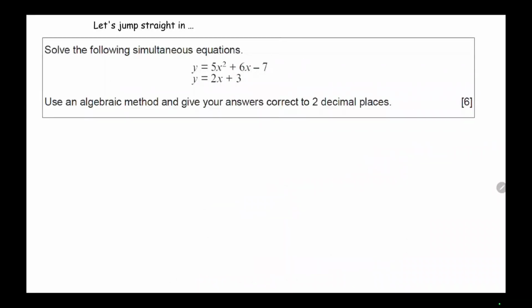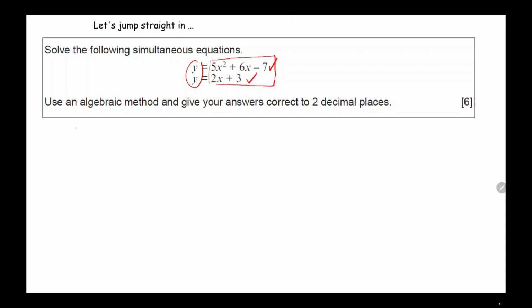Okay, so let's jump in with this question. You can see we've got two parts: a quadratic function and a linear function. Because they're both equal to y, these two parts are equivalent.